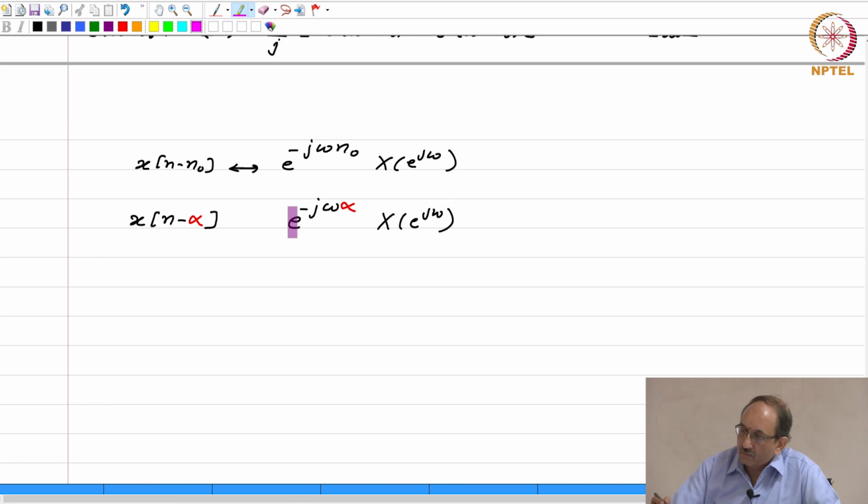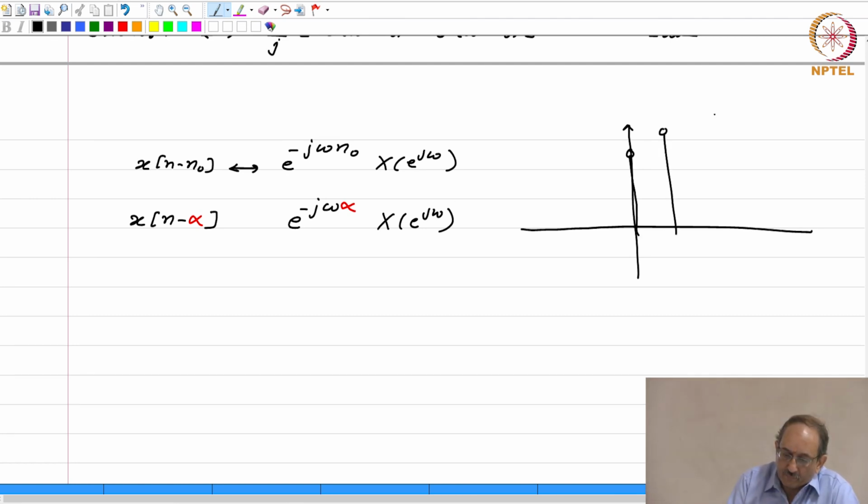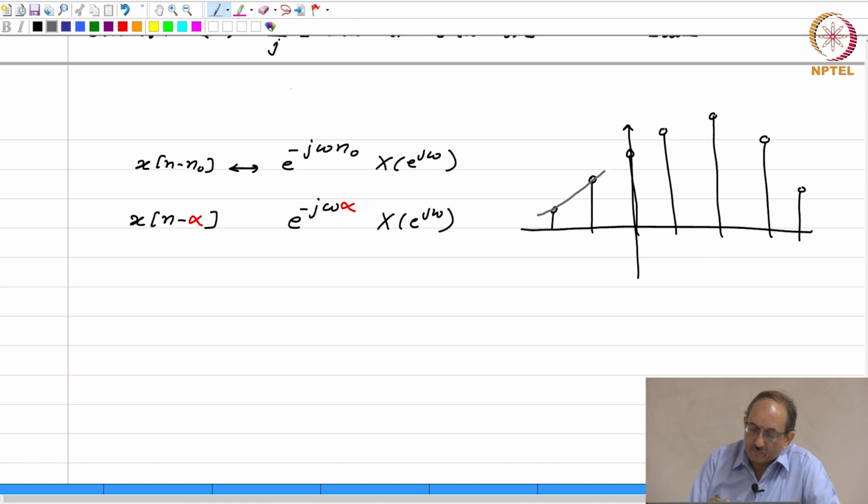Now what is the interpretation of this? The interpretation is as follows. So we have a sequence like this. Associated with this sequence, there is an underlying envelope, a continuous time signal. So you can think of something like this.